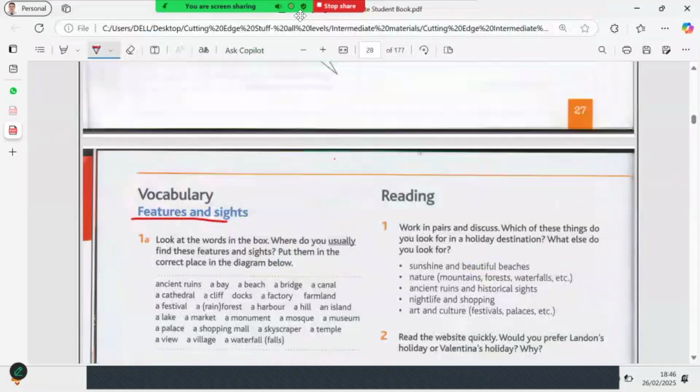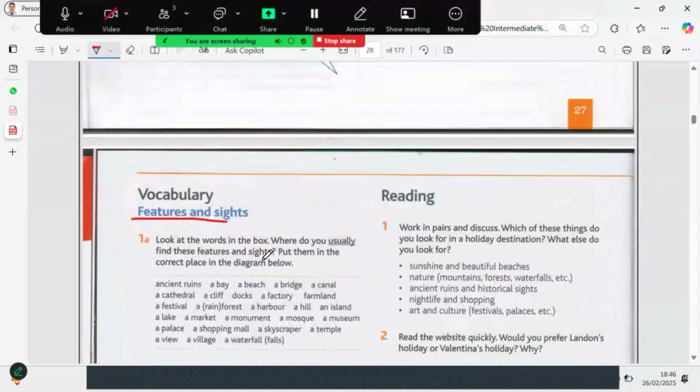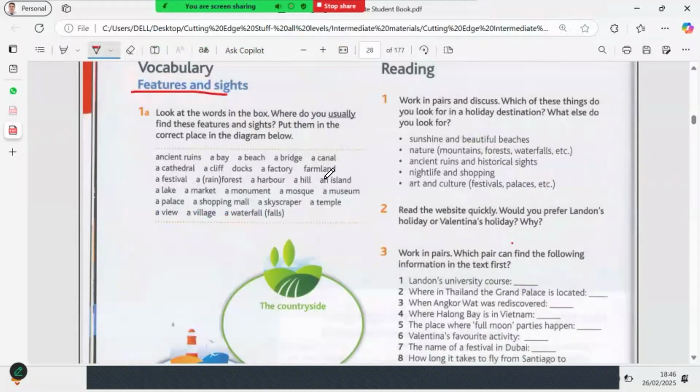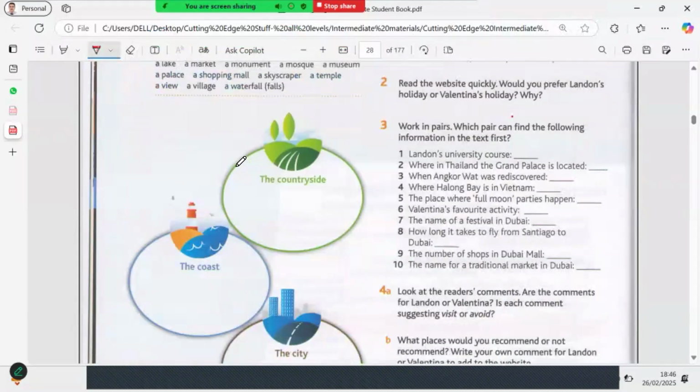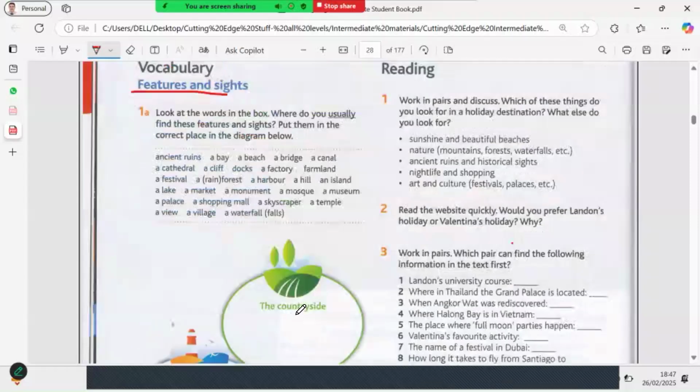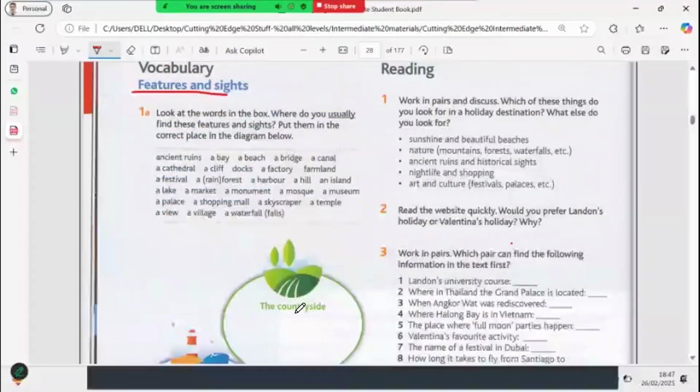Yes. So here, look at the words in the box. Where do you usually find these features and sights? Put them in the correct place in the diagram. Here, يا شباب, we have 3 groups: the countryside, the coast, the city. What does countryside mean? يعني قرية.